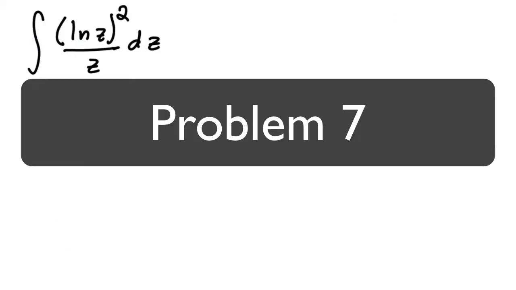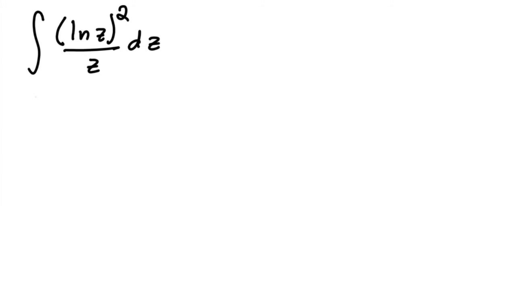Okay, so this one is a little trickier because it just looks kind of funny. You have this natural log in here. Usually that makes us a little nervous, but think about your basic strategy, and remember that typically you had the inside part of your function be u.